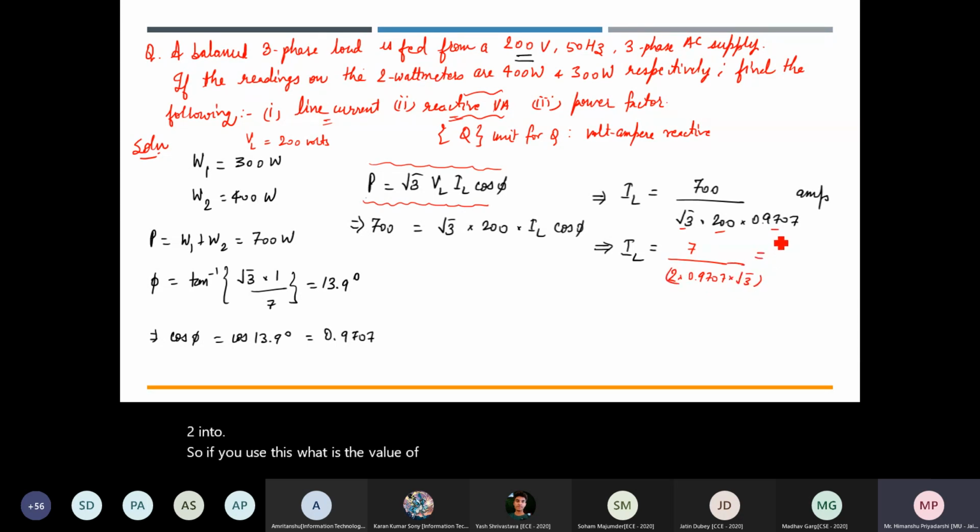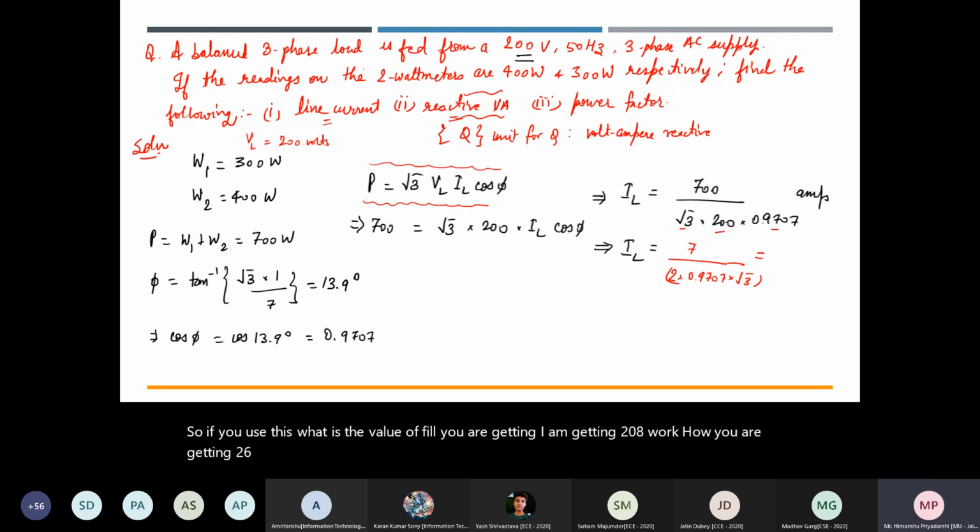I am getting 2.08. How are you getting 2.63, dear? Either I am wrong or you are mistaken. So it is nearly 2.08 which I am getting. Please correct me if I am wrong. Okay.